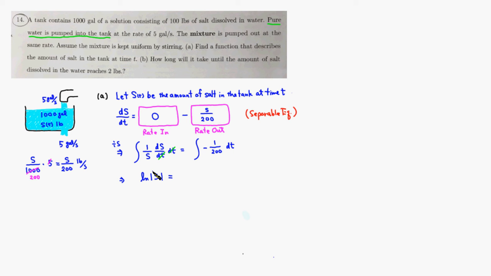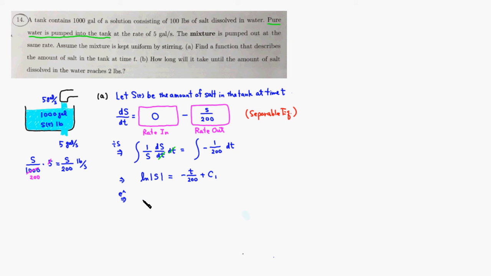All right, and here the antiderivative of the number negative 1 over 200 is negative t over 200, and then plus some constant, let's call it c1. Then we can just raise e to both sides of the equation.